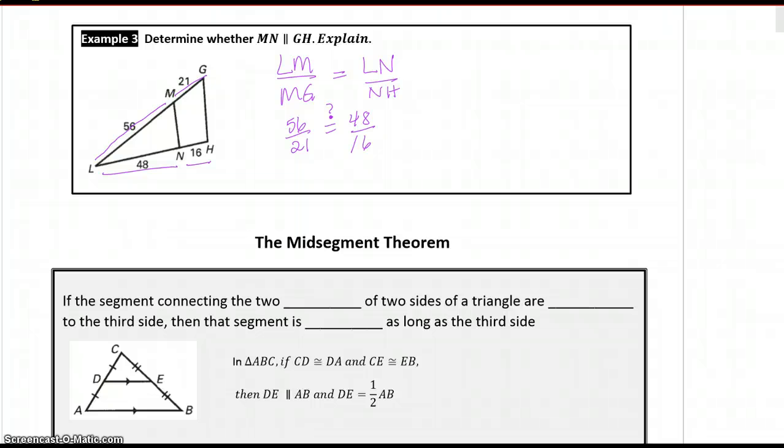So on the left-hand side, 7 goes into 56 8 times, and 7 goes into 21 3 times, so we have 8 over 3 equals, if we reduce this side, 16 goes into 16 one time, and 16 goes into 48 three times. So the question is, are these equal? No. So MN is not parallel to GH because the sides are not proportional.